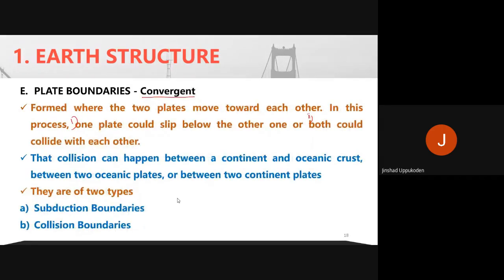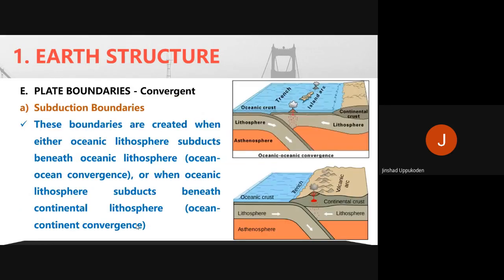Okay, now convergent boundaries are of two types. One is subduction and the other is collision. As I told you, subduction is one plate slipping under the other, and the second one is collision. That means both the plates are colliding with each other to form certain mountainous regions. So as such, subduction boundaries, the first one.